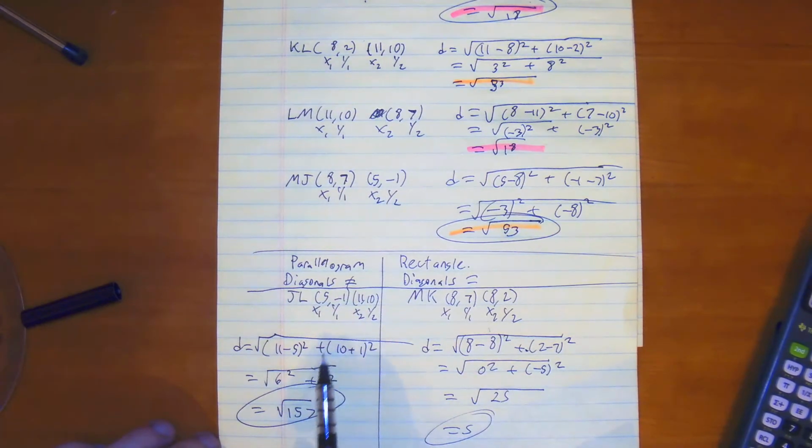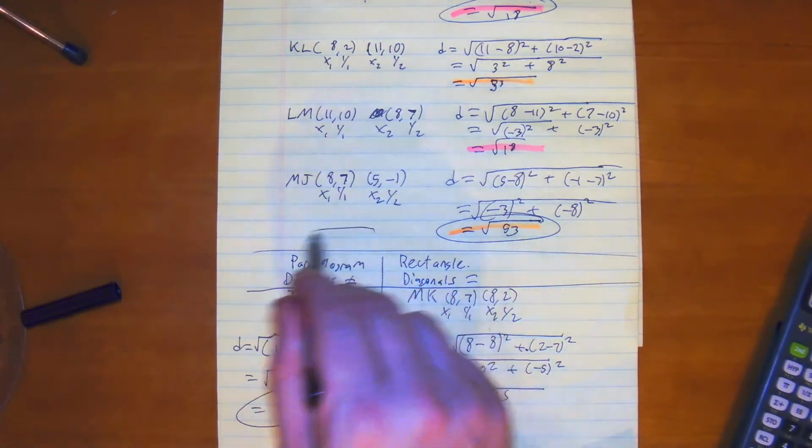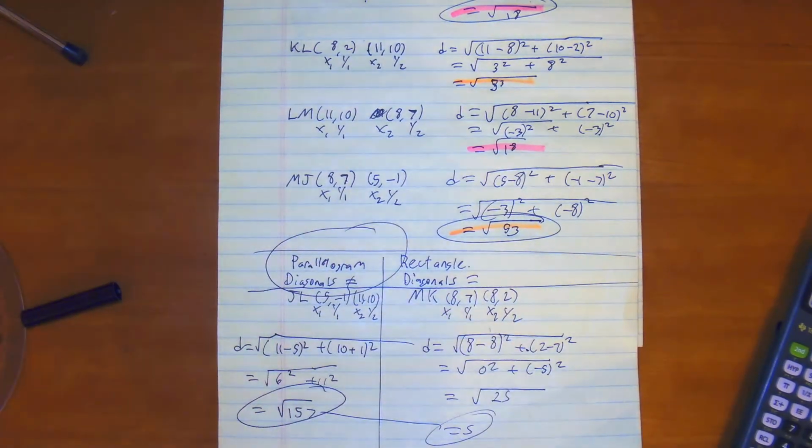Okay, as we can see, these are not equal, so therefore we have ourselves a parallelogram. So the answer for this one is a parallelogram.